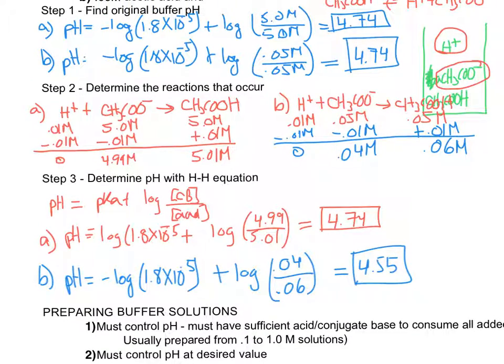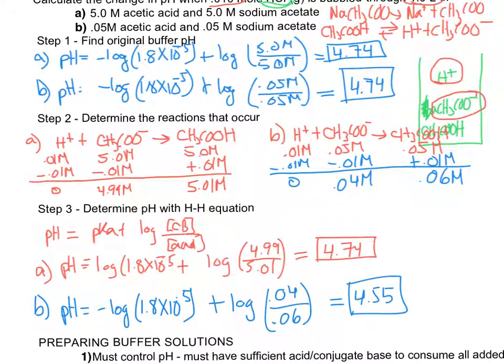My first buffer in A was 4.74 initially, remained as 4.74. My second buffer started out as 4.74, went down slightly, 4.55. Not a significant difference. A significant difference would be probably a change of a pH of 1. So it's not significant, but it definitely changed.